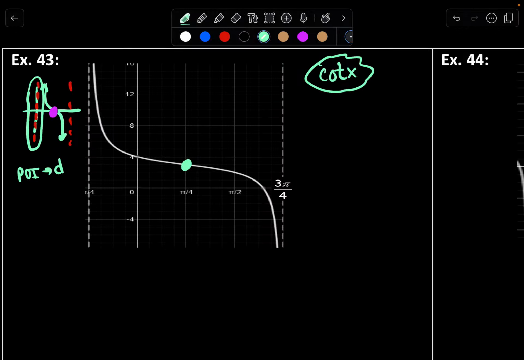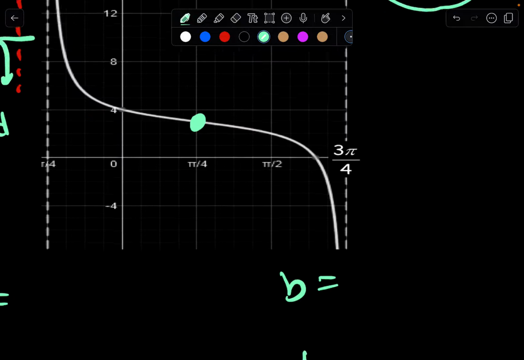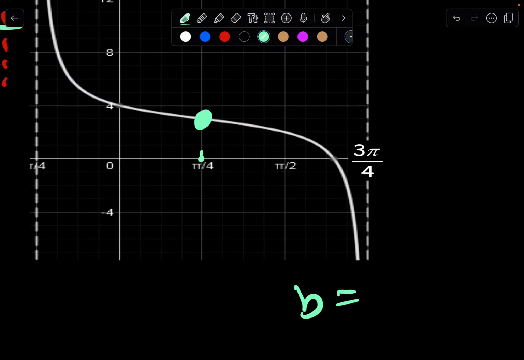Because cotangent still has it on x equals 0. I'm sorry, y equals 0. So if we look at this, again, we need our A, B, C, and D. We can see that we are shifting this point of inflection up. It looks like 1, 2, 3 by 3 units. So that means D is equal to 3.